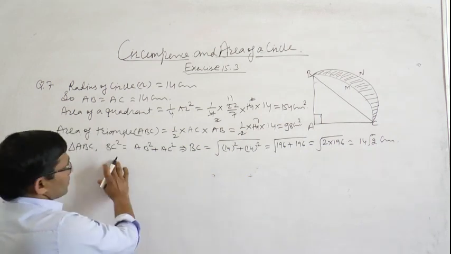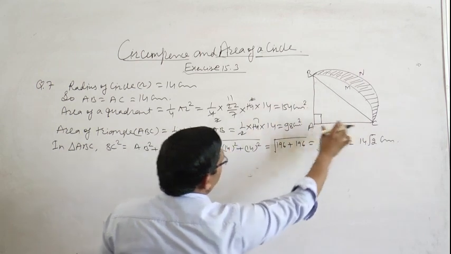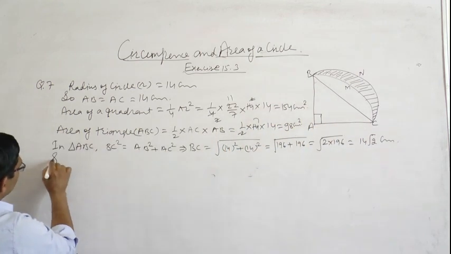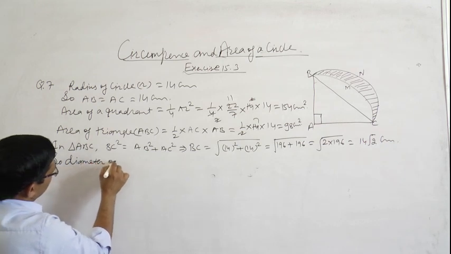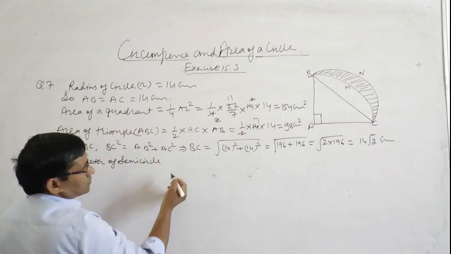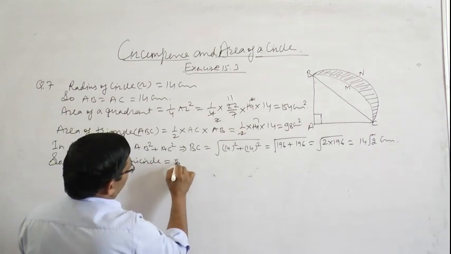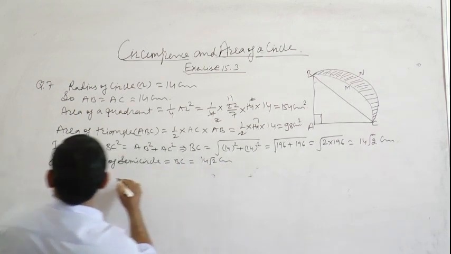It means BC is equal to 14 square root 2 centimeter, and because BC is the diameter, the diameter of the semicircle is 14 square root 2 centimeter.